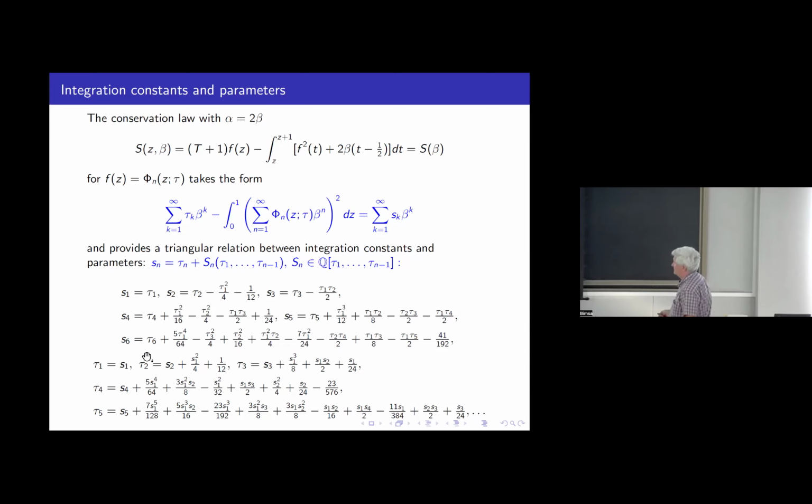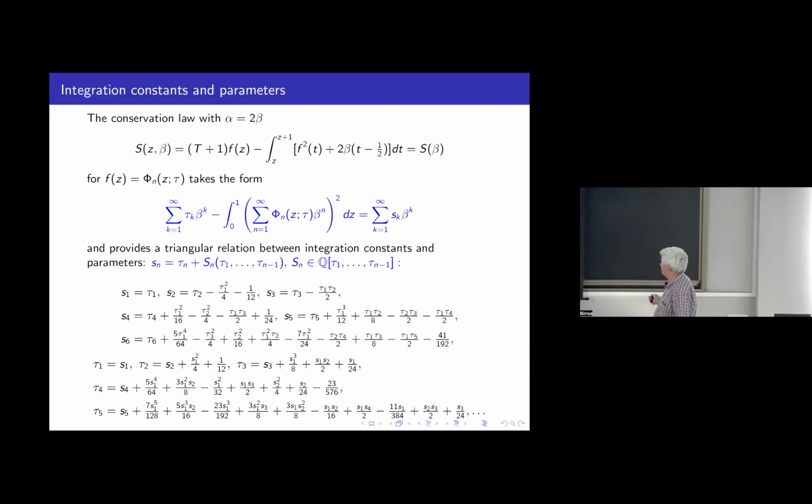So this is S versus tau, and this is tau expressed in terms of S, right? But the relation is kind of complicated. But anyway, you have S_k, and tau_k is the initial value, an integration constant, and S_k are integrals.